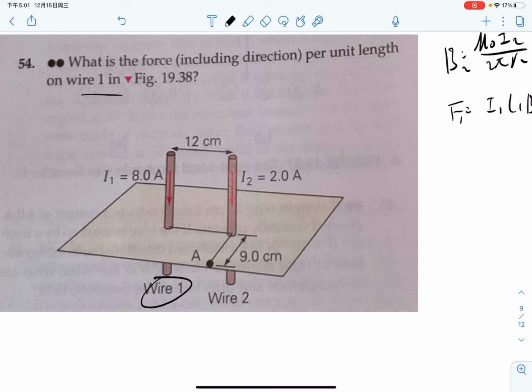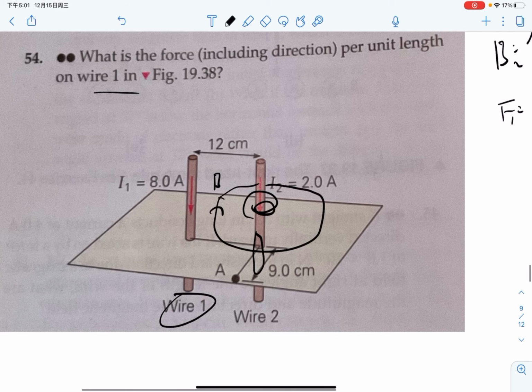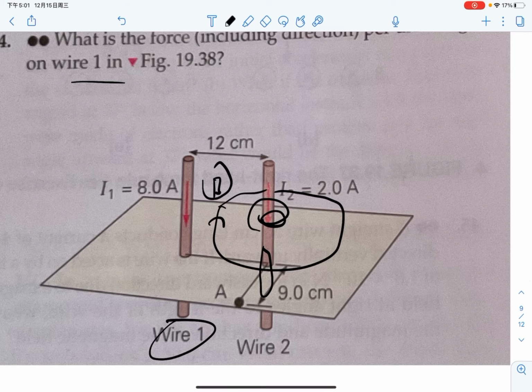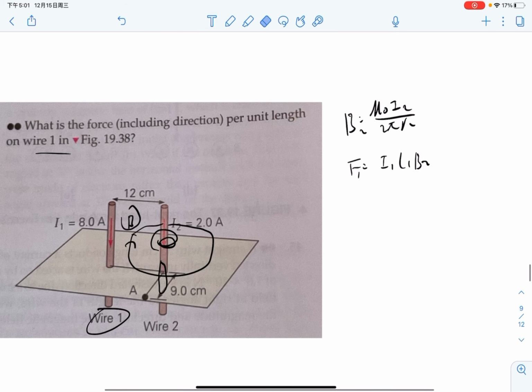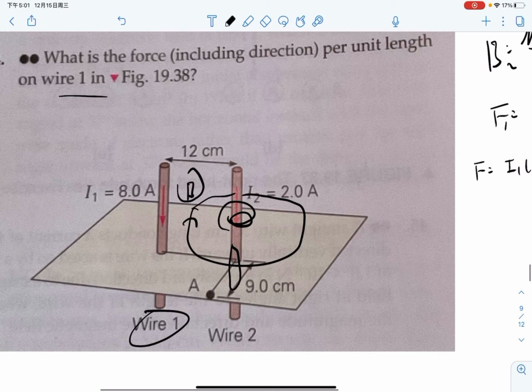By using the right hand rule, we can see the field circulates around the current. This is the direction of the current, and use your fingers to fold around it. You can see that the direction is that way. And this B is perpendicular to the direction of the current. Now you can see that F is equal to I1 L1 cross B2, where L is the length and the direction of the current.